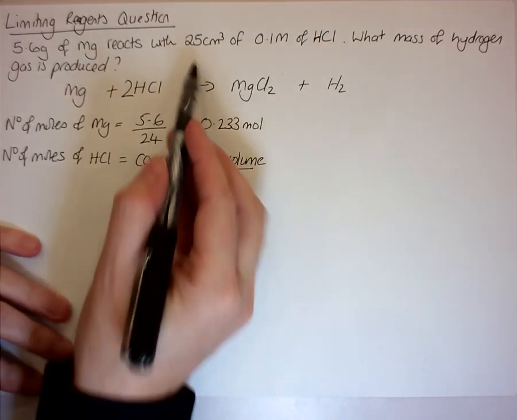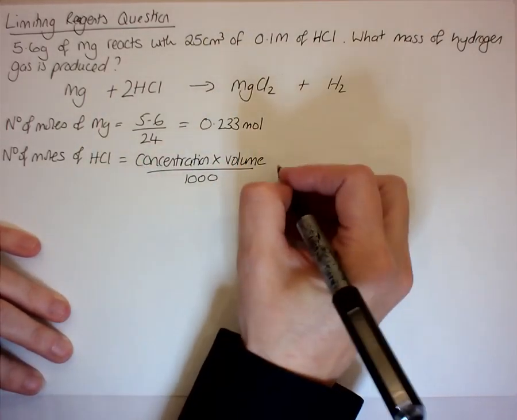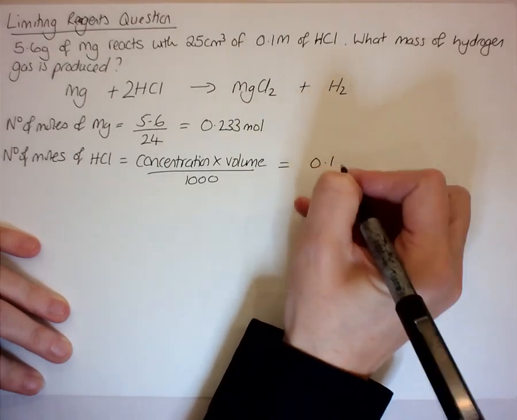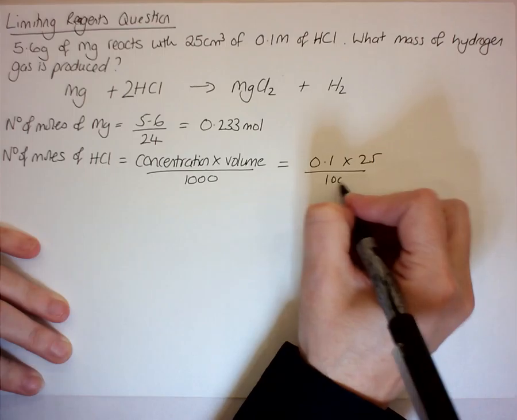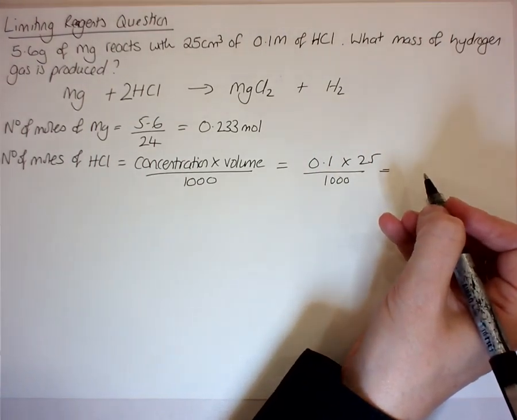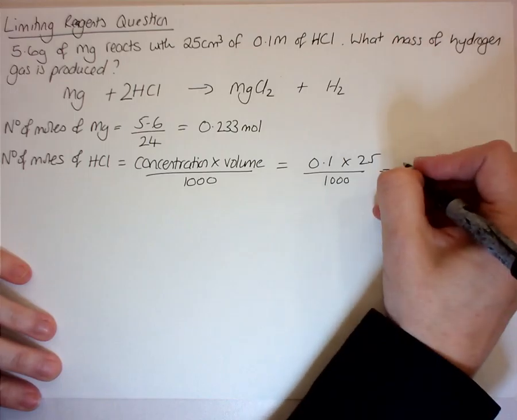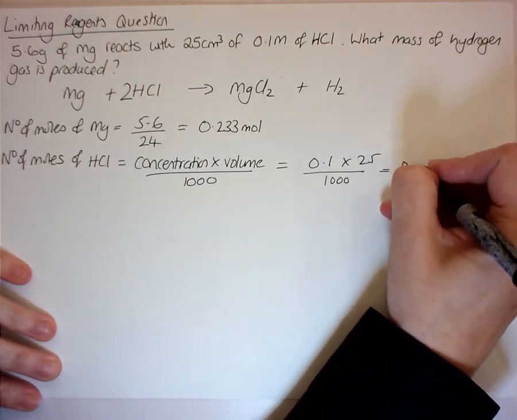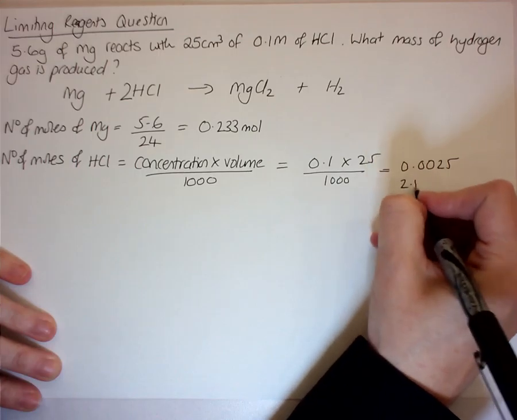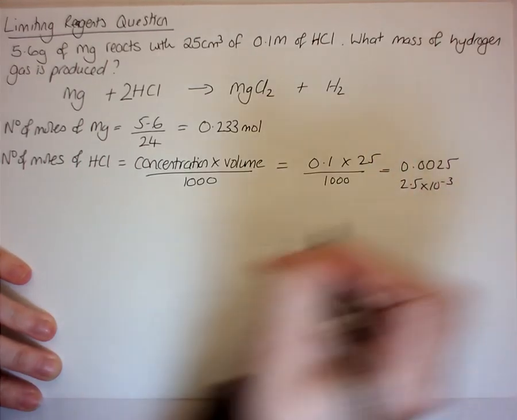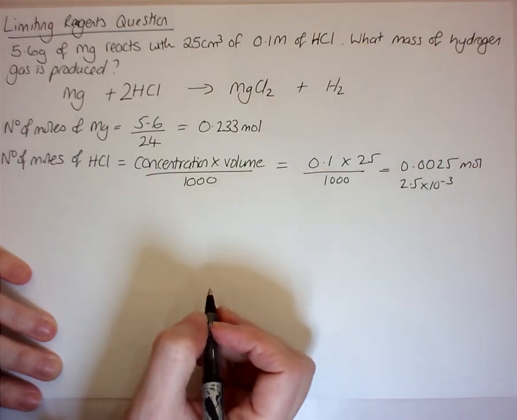Because my volume is given to me in centimetre cubed, that's where the divide by 1,000 comes from. 0.1 times by 25 divided by 1,000 gives me an answer of 0.0025, or what was given to me in my calculator, 2.5 times 10 to the minus 3 moles.